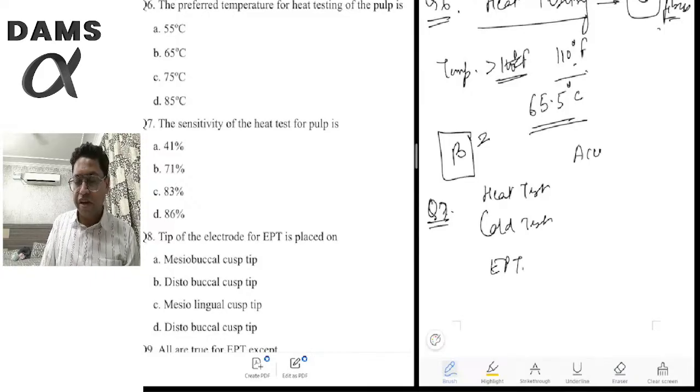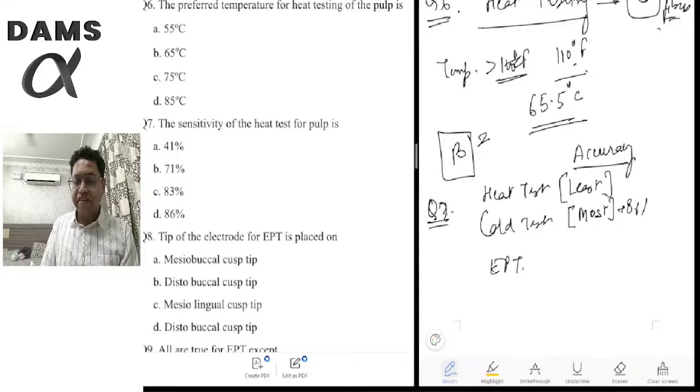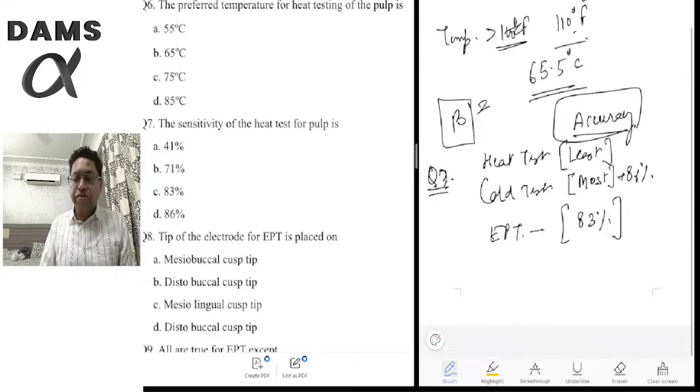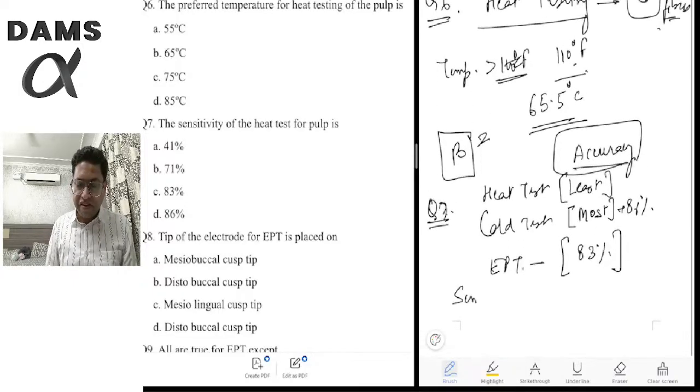If we talk about their accuracy, then the heat test is the least accurate test method. Cold test is the most accurate method, with nearly 86% accuracy, and electric pulp tester 83% accuracy. That is accuracy. But the question is asking you about sensitivity.